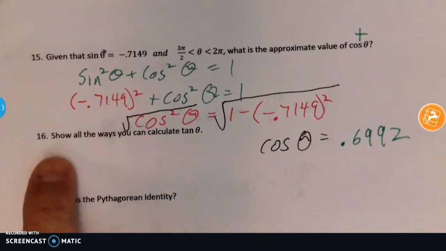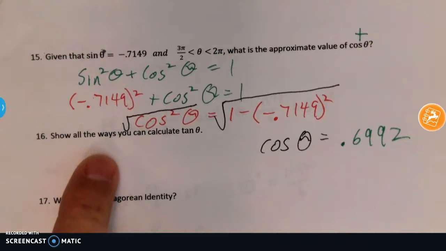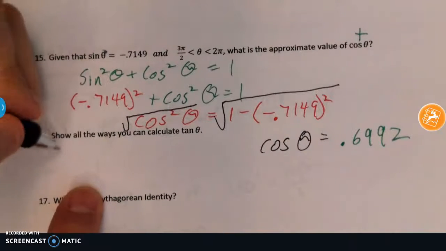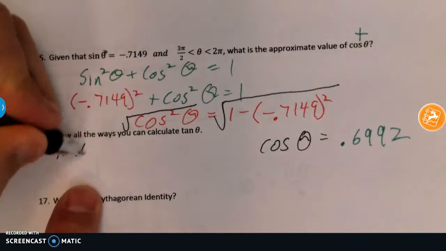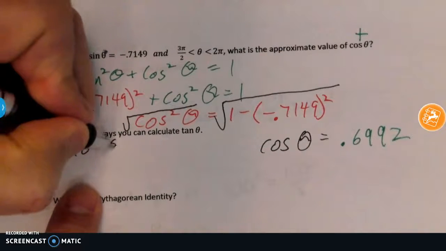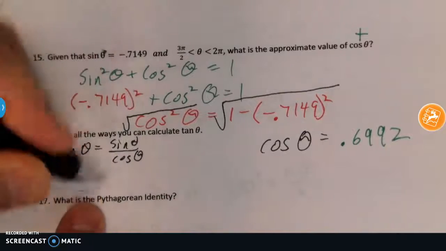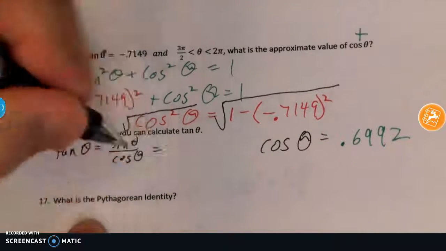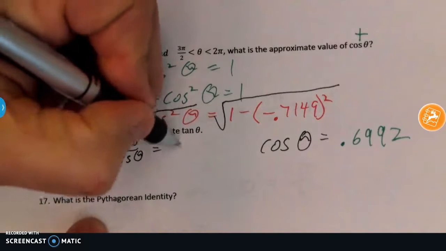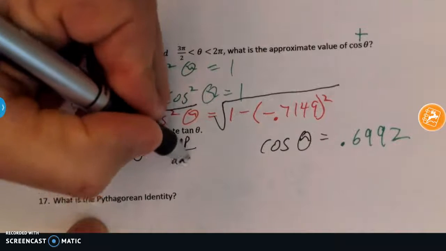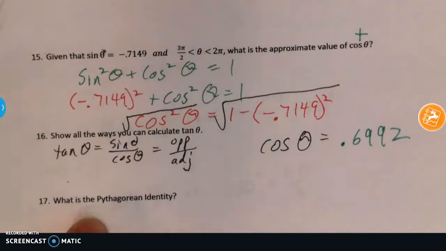So show all the ways you can calculate tangent of theta. Well, you could do it on the calculator. You can say tangent of theta equals sine theta divided by cosine theta, or you could say it equals the opposite side divided by the adjacent side. I don't know, maybe there's another way that I'm not thinking about right now, but I think those are the two big ones.